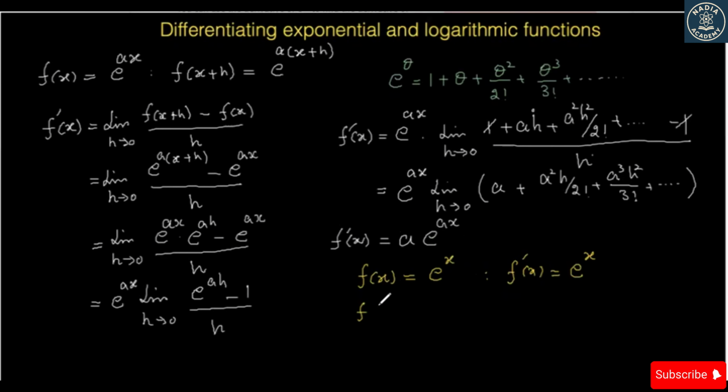And if we have e power kx, where k is a constant, then its derivative is k as a coefficient times e power kx. So when you have an exponential function, its derivative is the same, which means the exponential function and its gradient are the same.